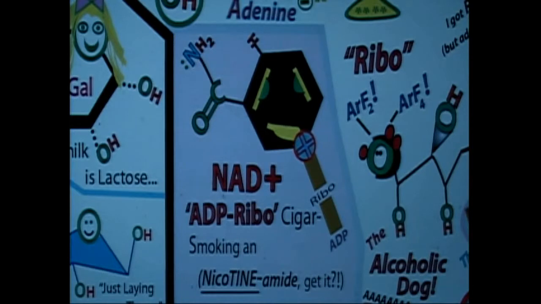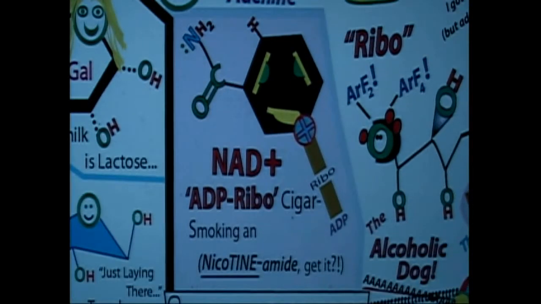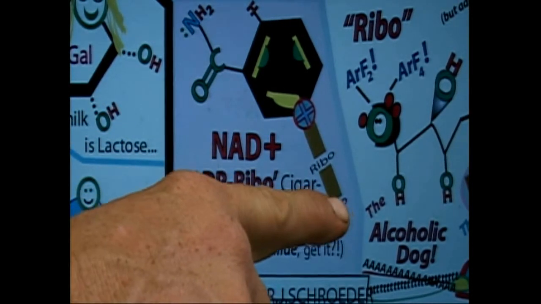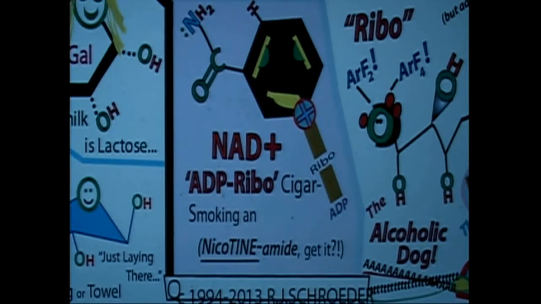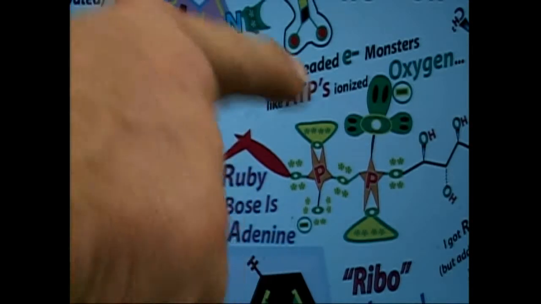Well, that's kind of what was up here, right? The same structure with ribose holding on to ruby there. Down here, you're going to have the NAD with a ribose, ADP, that's an adenine diphosphate, which is almost exactly what the flavin was up there.